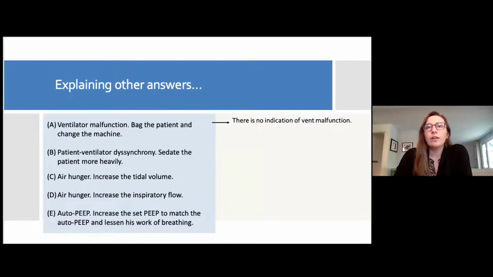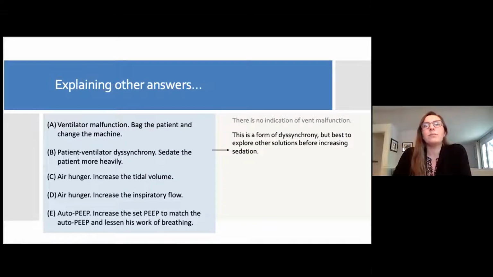So let's go through the other answers now that we know this. For answer A, there isn't any indication of vent malfunction to suggest that we need to change the machine. For answer B, this is true partially. This is a form of patient ventilator dyssynchrony. But sedating the patient should never be your first choice of action when you find that there's dyssynchrony.